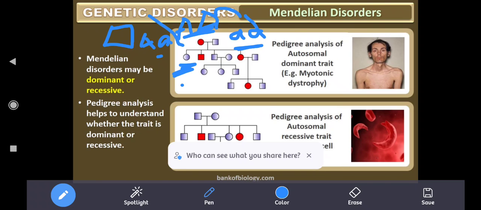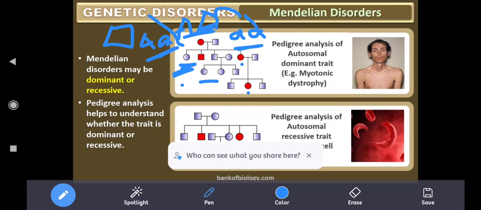Whereas here the diagram shows that one male is affected, and here one female is affected, and here one female is affected. But all the other generations, all these gray shaded boxes or circles, are not showing any trait, so they are normal. How can they be normal?